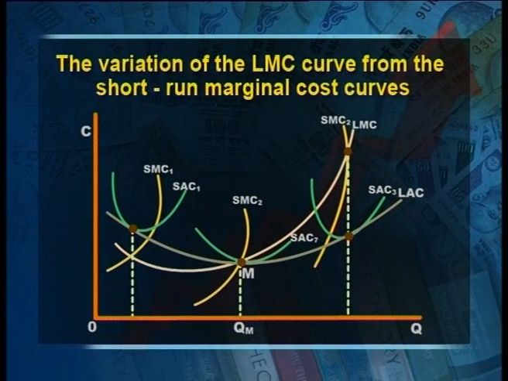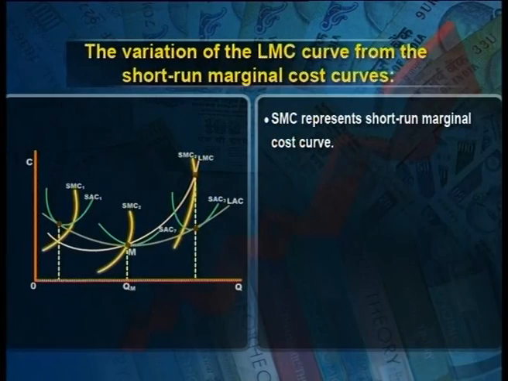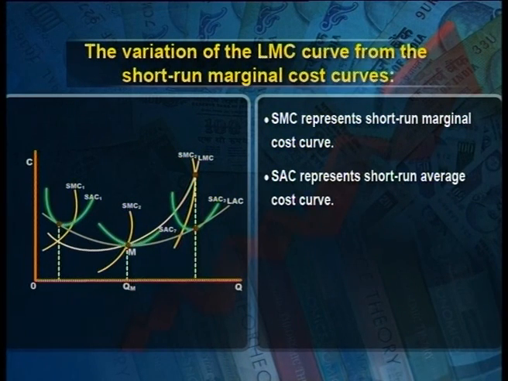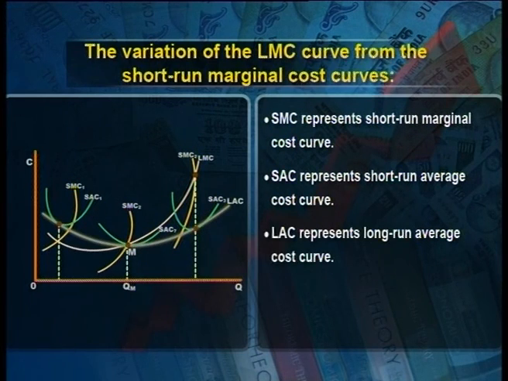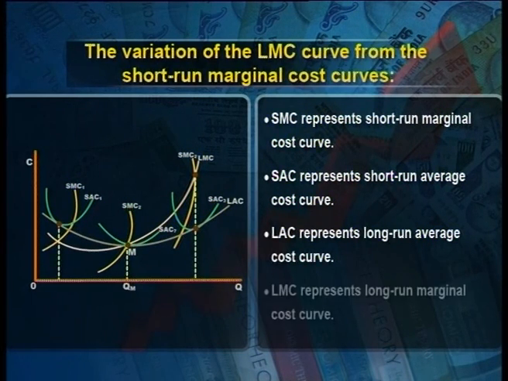Let us now look at the derivation of LMC curve from the short run marginal cost curves. Look at the graph. In the graph, SMC represents short run marginal cost curve, SAC represents short run average cost curve, LAC represents long run average cost curve, LMC represents long run marginal cost curve.